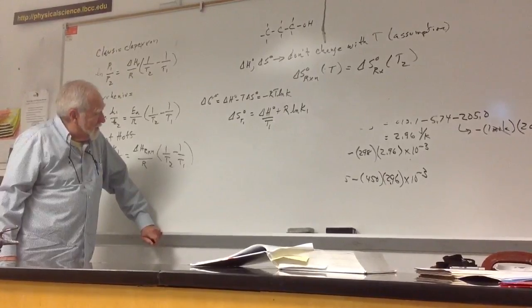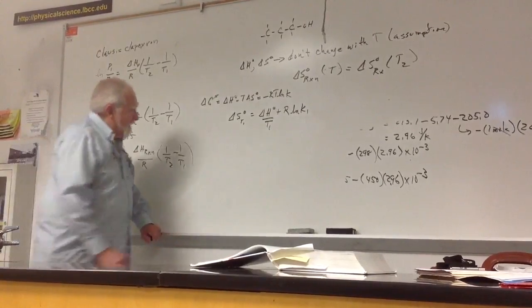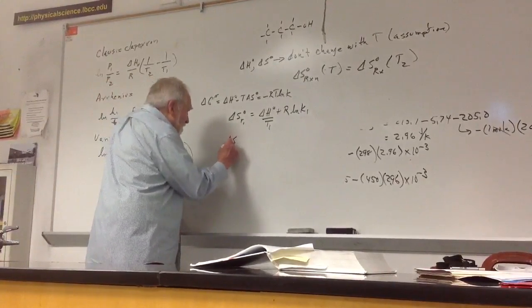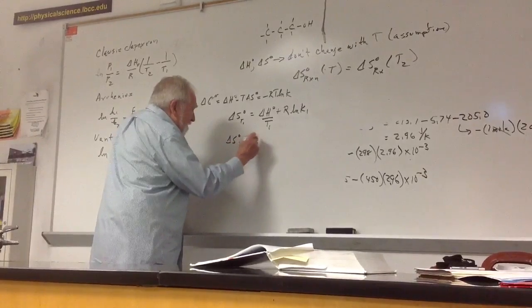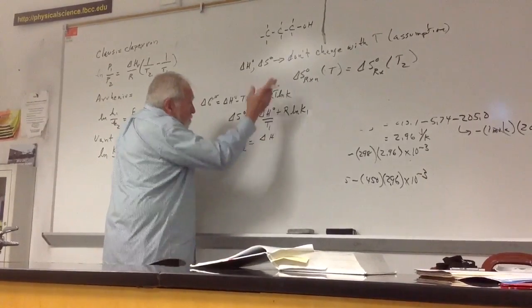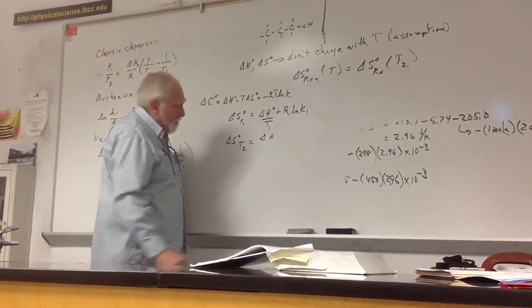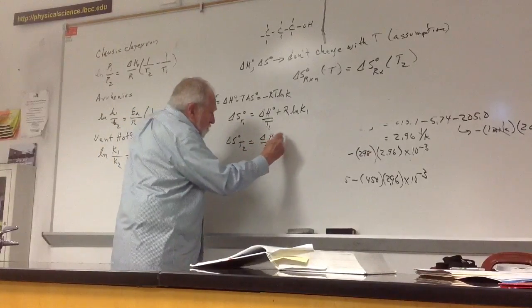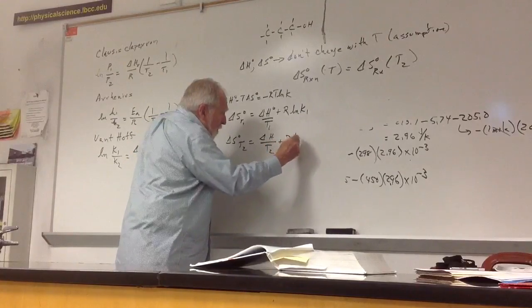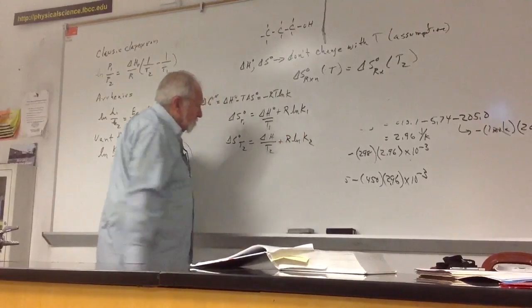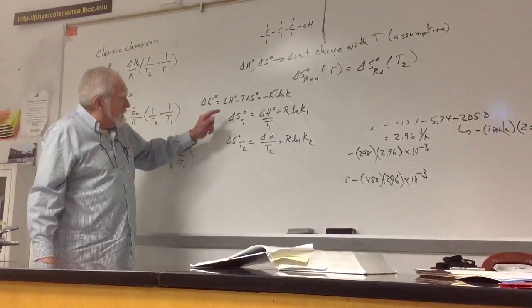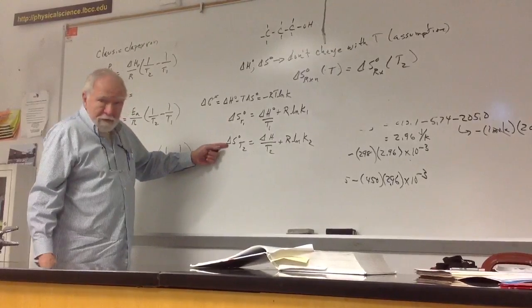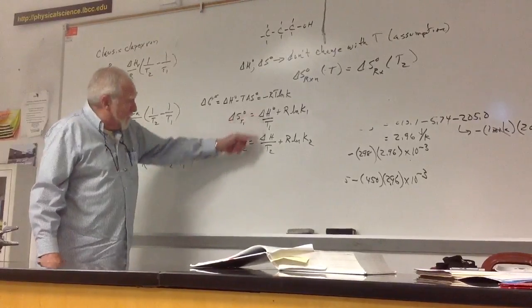Good. Then I'm going to write, and again, the assumption is delta H doesn't change much with temperature either. Since I said delta S at these two temperatures are going to be about the same number, I'm going to equate these things.